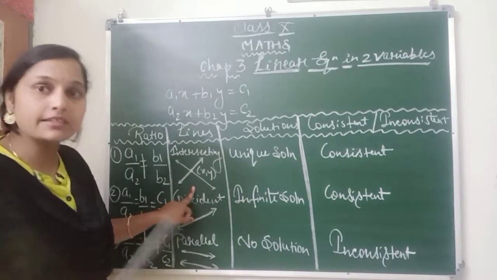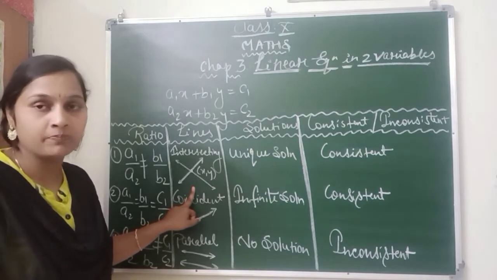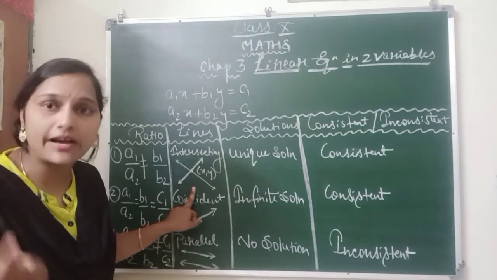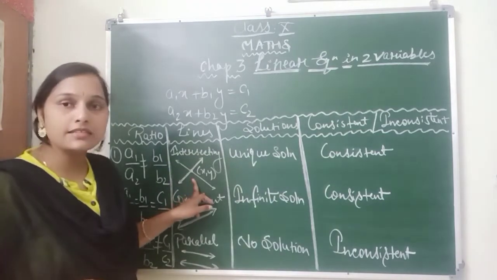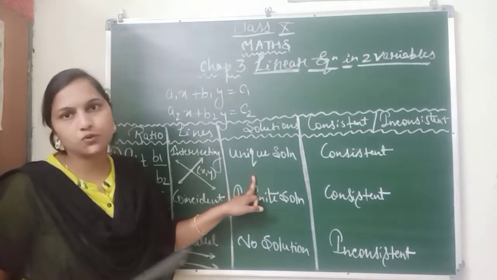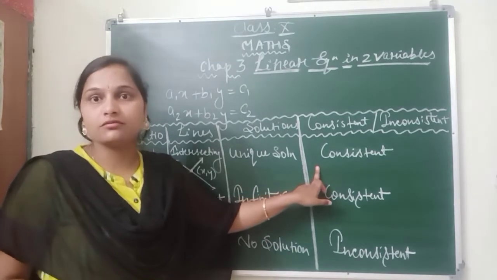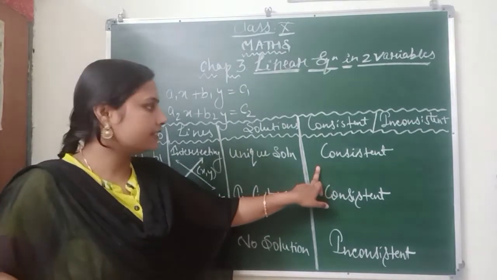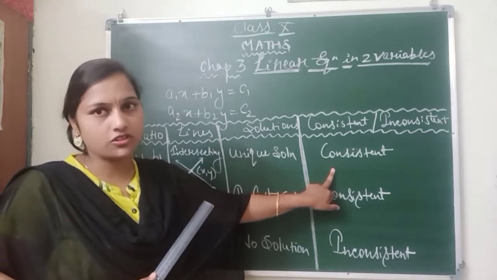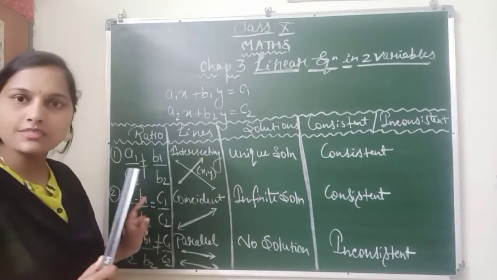Intersecting lines intersect at only one point, therefore we will get only one solution, known as a unique solution. Since we get at least one solution, it is known as consistent. So this pair of linear equations in two variables is consistent. Hope the first case is understood.